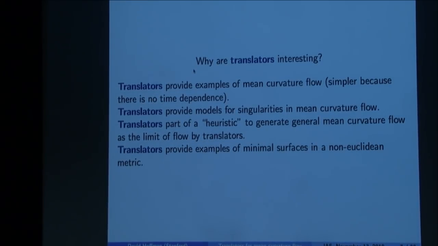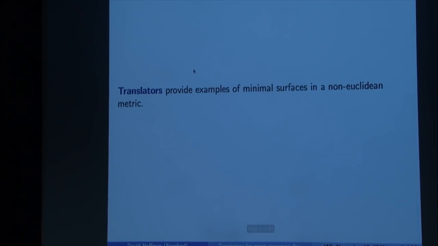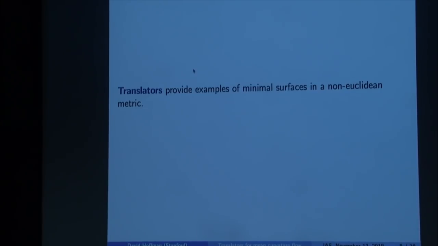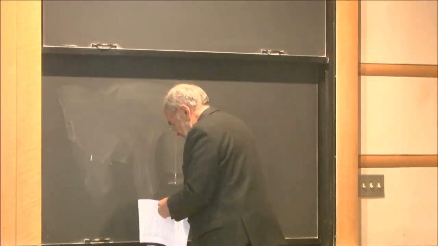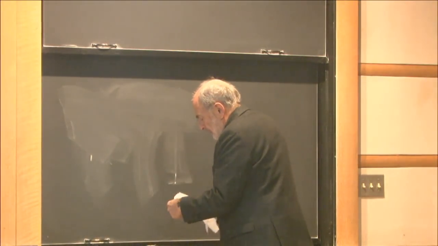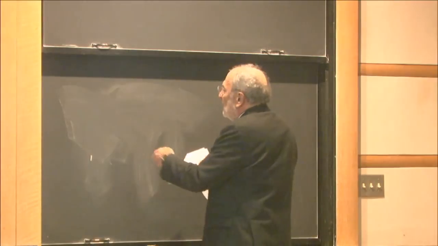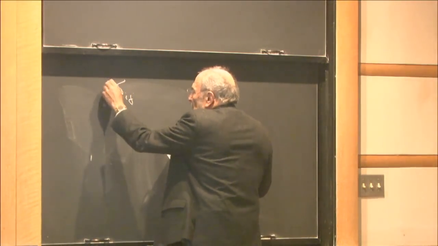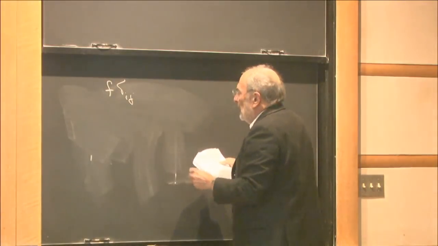So let's see what my slide has to say here. OK, so let's say I take the Euclidean metric delta ij, and I multiply it times a positive function.